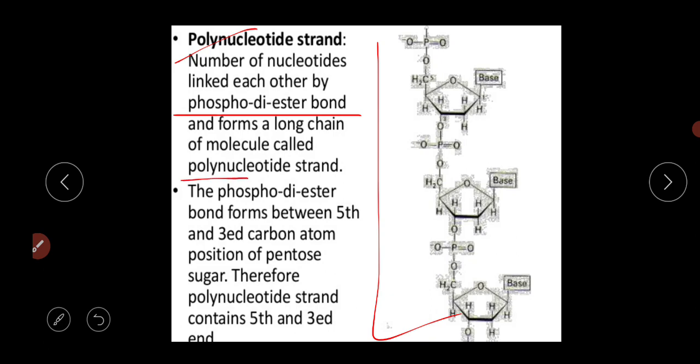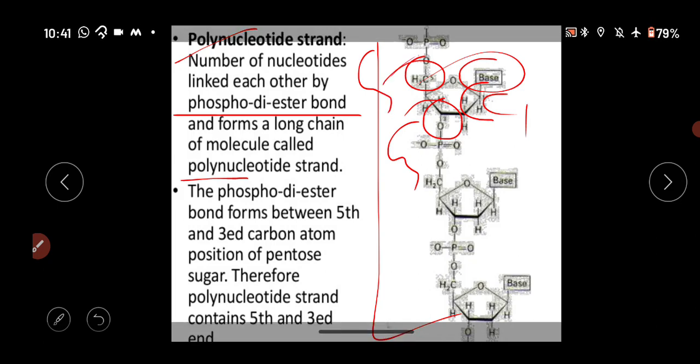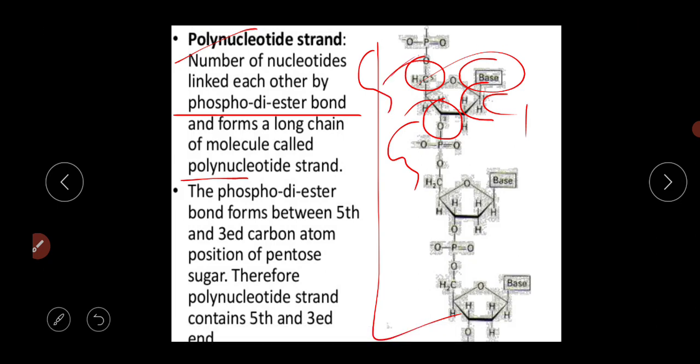The phosphodiester bonds form between the 5th and the 3rd carbon of the pentose sugar. So this is the 3rd and the 5th carbon. This is the C1 position, where the base is joining, and the C3 and C5 are the sites of formation of the phosphodiester bond.